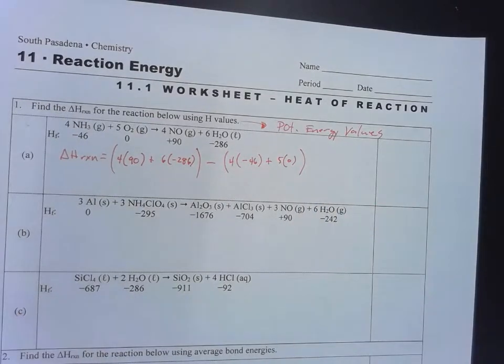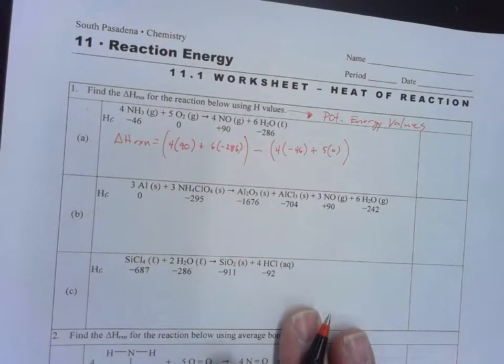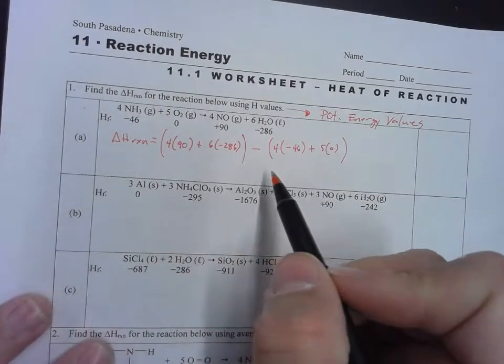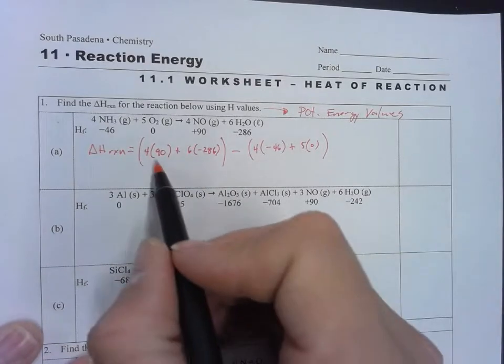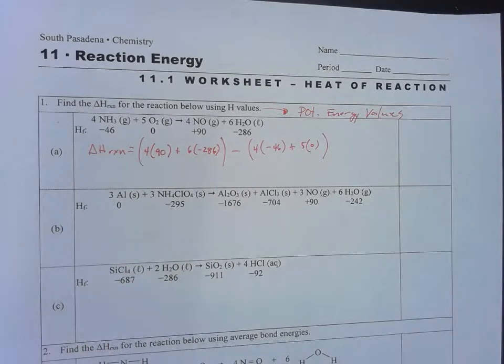Okay, that's how you set it up. When you do this math in your calculator, 4 times 90 plus 6 times negative 286, I'll actually do it because I'm not going to do all of these problems.